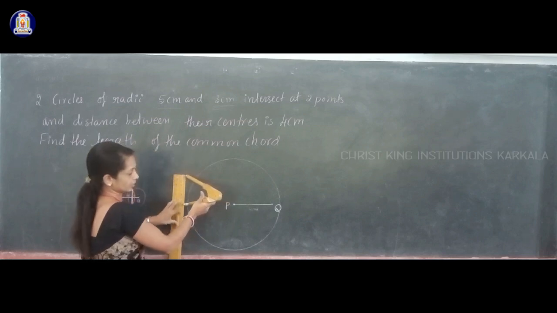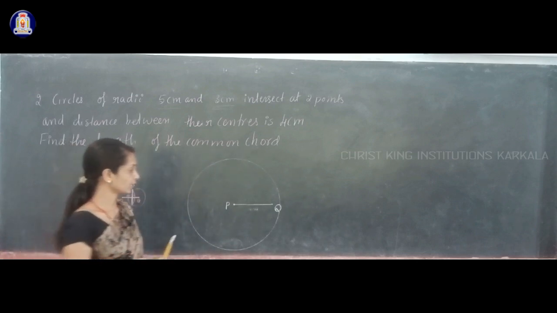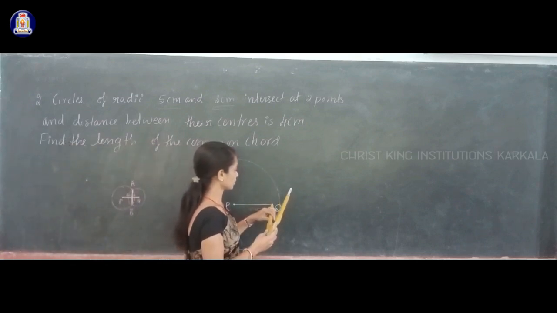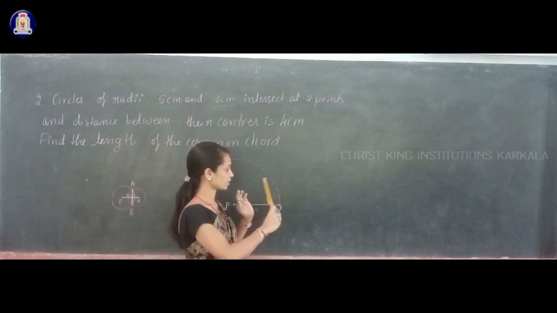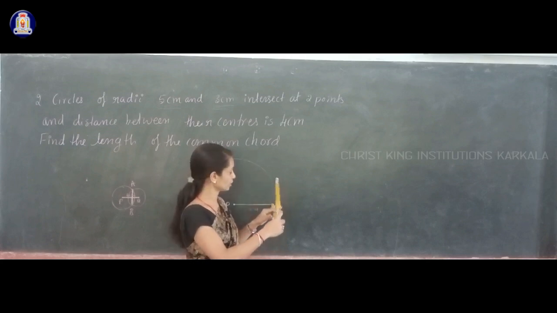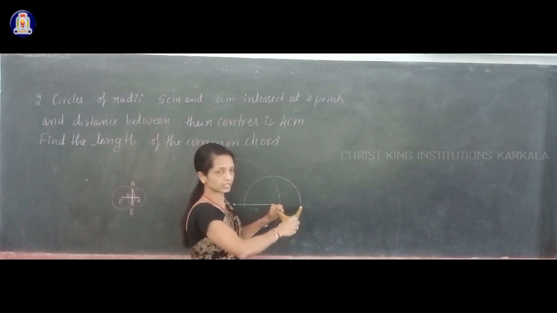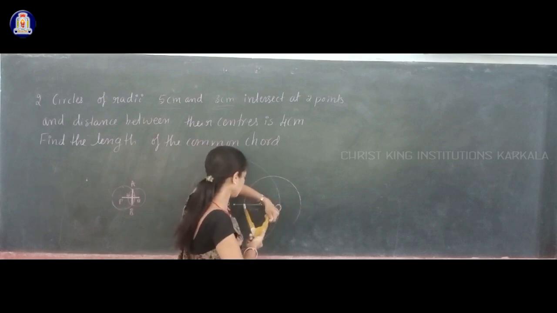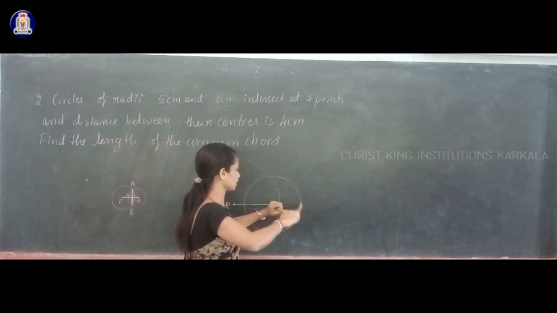After that, keep the sharp tip of your compass at Q, that is, we are taking Q as the center, and with the compass at 3 centimeter we are drawing a circle of radius 3 units. So now complete the circle, like this.